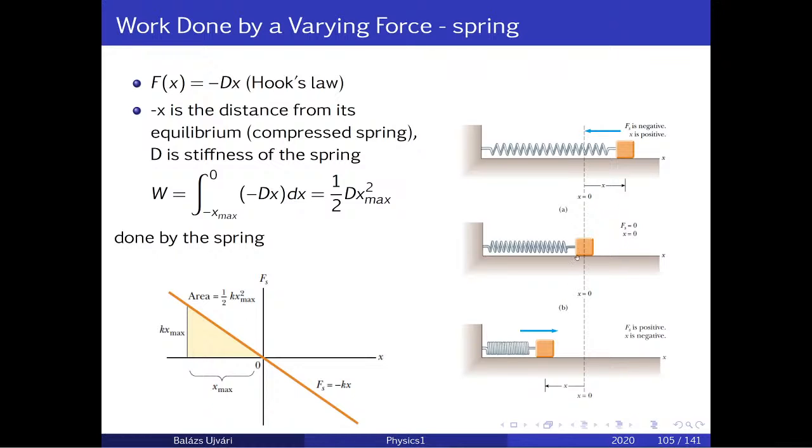The zero level is the relaxed position of the spring. So this is minus kx dx, and if we calculate this integral from here to here, that will be a positive value. That means the work done by the spring on this body from here to here is positive, and as we expected, the kinetic energy of the box will be larger in the final state than it was in the initial state.